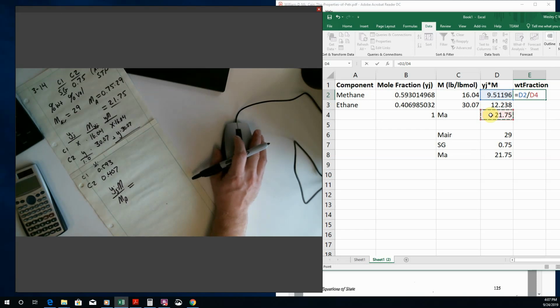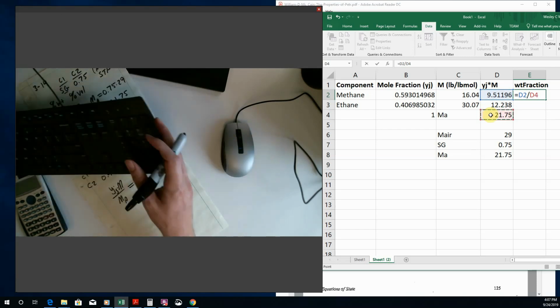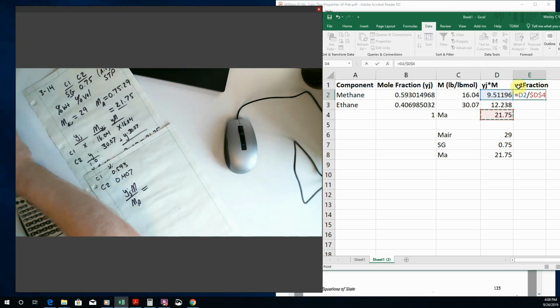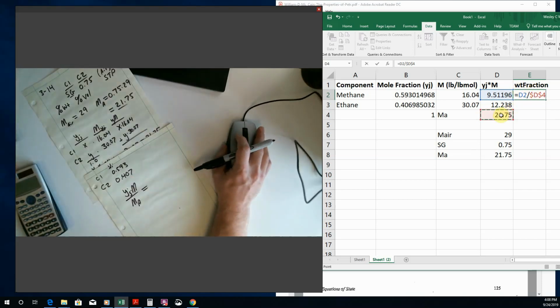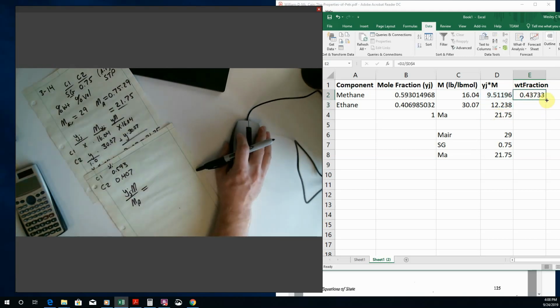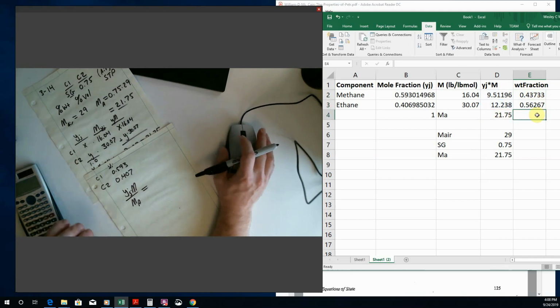If I hit F4 up here, that will lock that with the dollar sign. That will lock that to this cell. So when I copy it down, it will keep it maintained. So there we go, and you can see it maintained that cell.